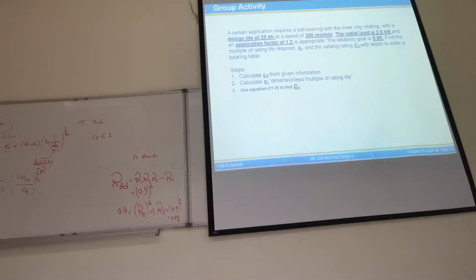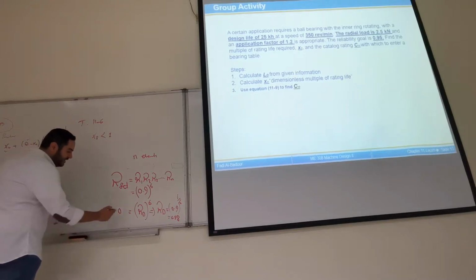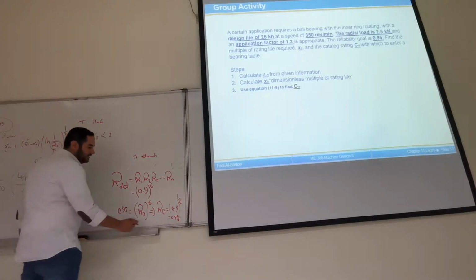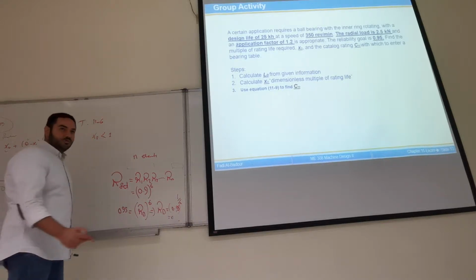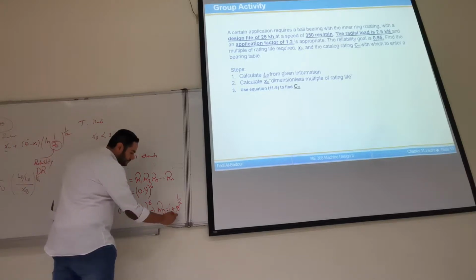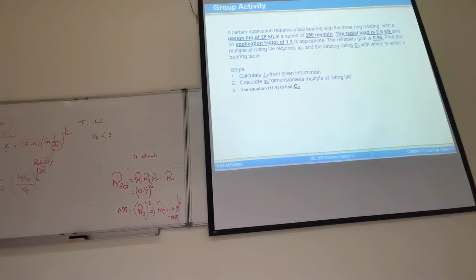This is to achieve 90%. What about if you want it to be 95% for the entire set? Can anybody calculate? Definitely this will be bigger than 0.98. 0.99, and so on.